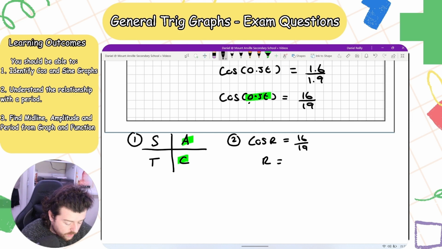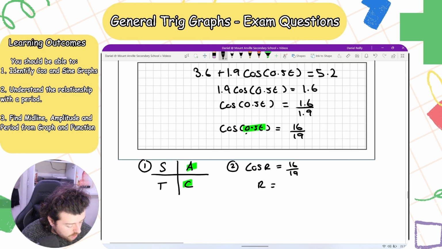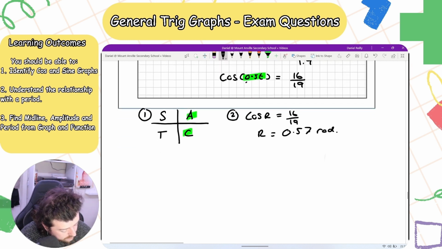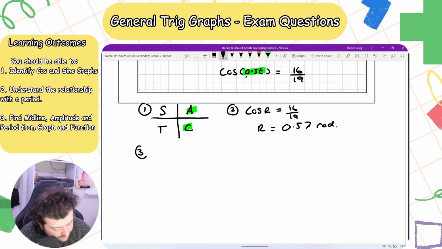The reference angle is going to be equal to cosine inverse of 16 over 19, which is 0.57 radians.